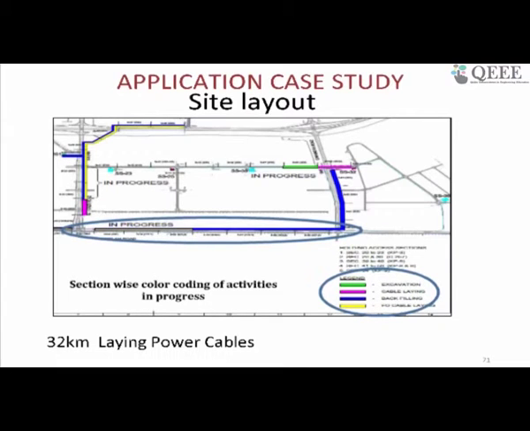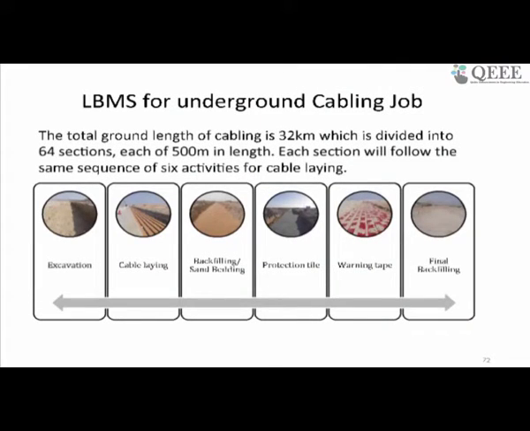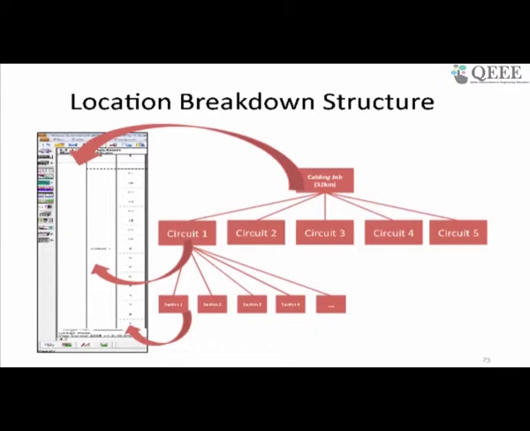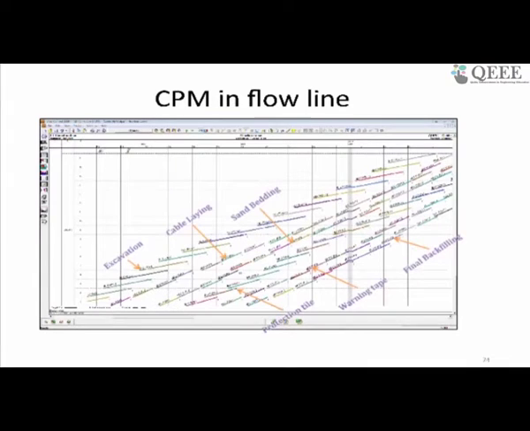Giving you a small example of a case study we did using LBMS. This was an underground, 32-kilometer cabling job, so very ideal for application of LBMS because it's a linear kind of job. We had to do something called a location breakdown structure for it, which is similar to a work breakdown structure, but you break it down by location and include this with the work breakdown structure.